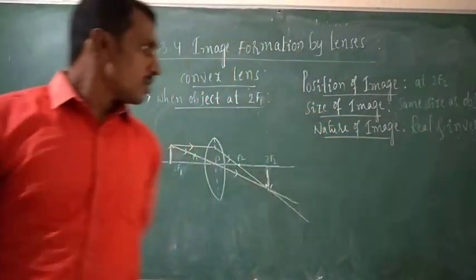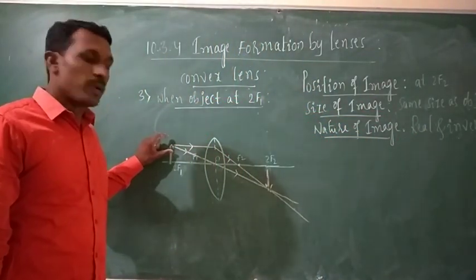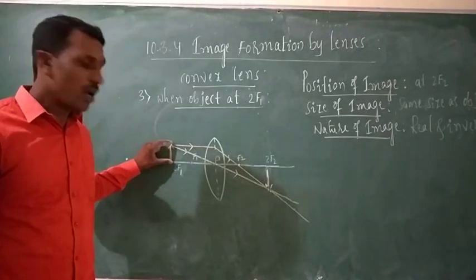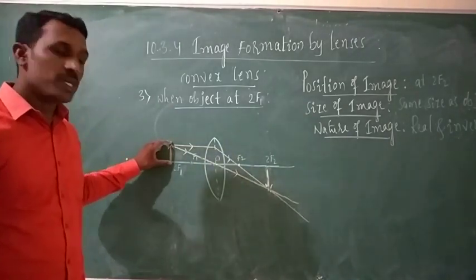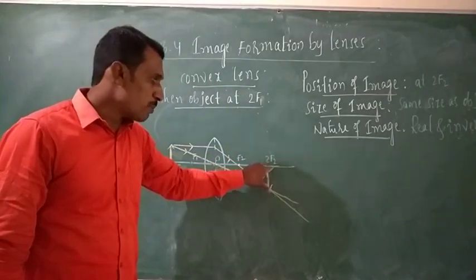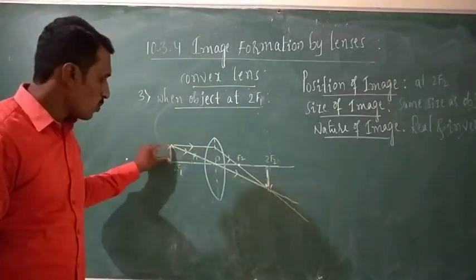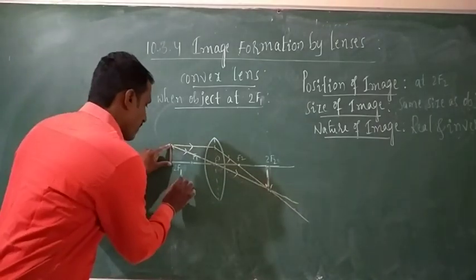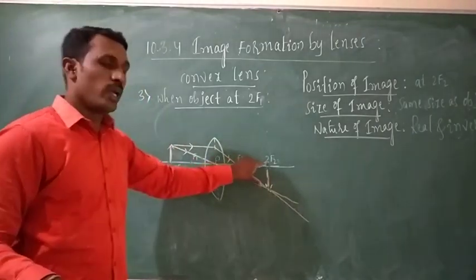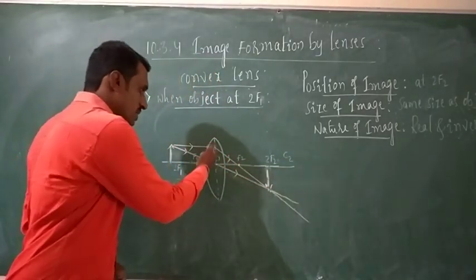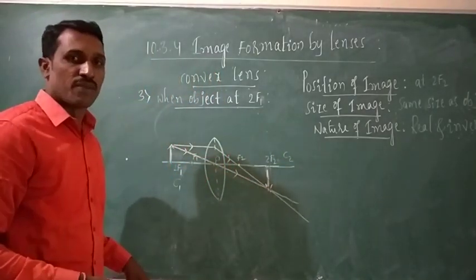Okay students, this thing you have to remember, when you place object at center of curvature or at 2f1, image is formed at the same position on other side, that is at center of curvature only. 2f1 is called center of curvature 1. 2f2 is called as center of curvature 2 because a lens has two spherical surfaces.